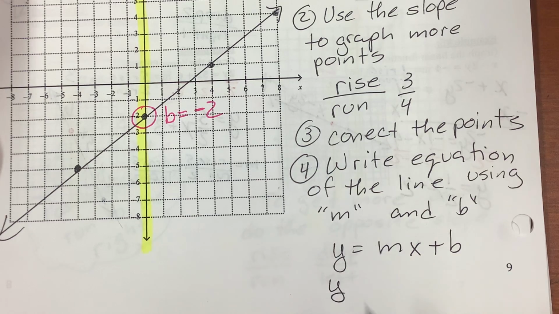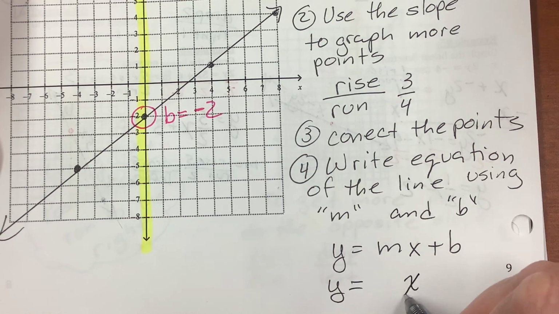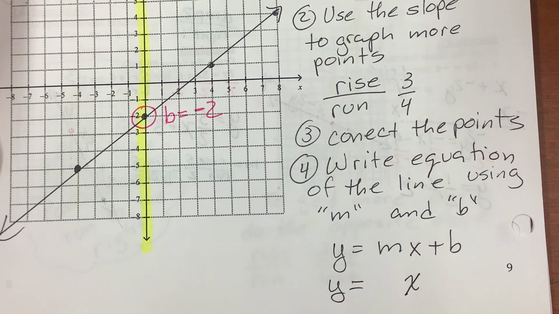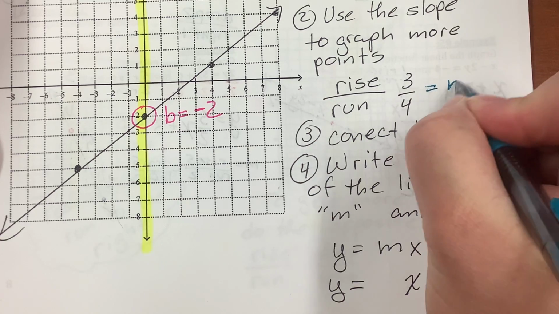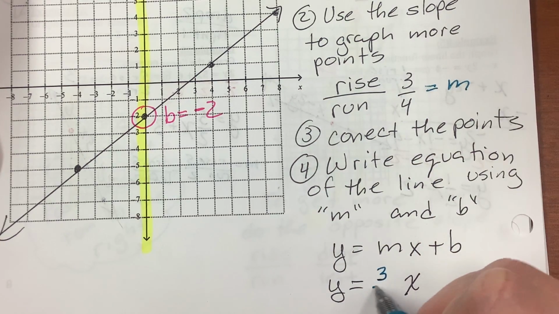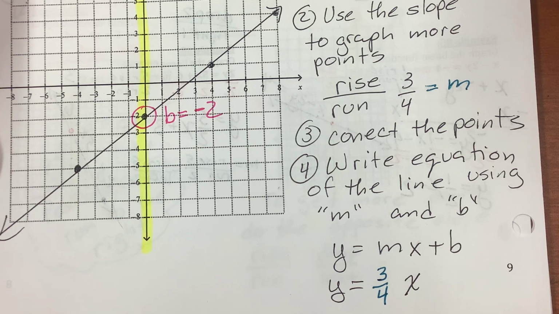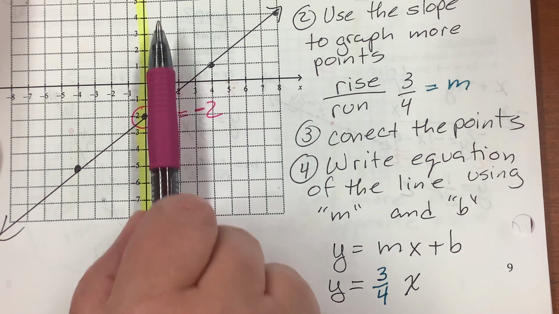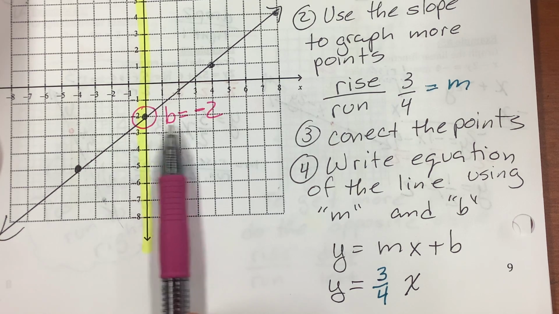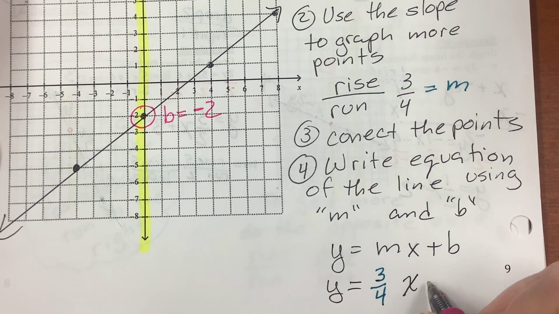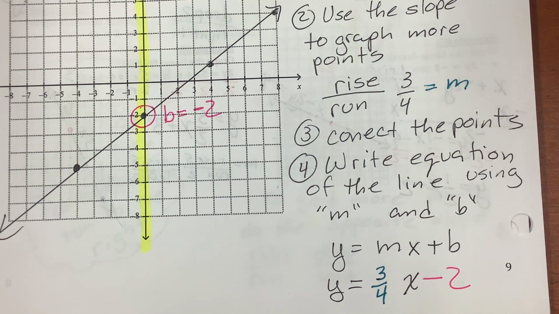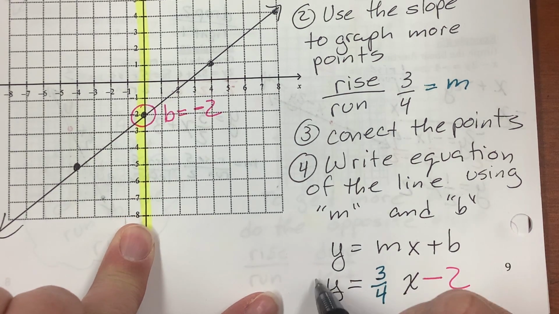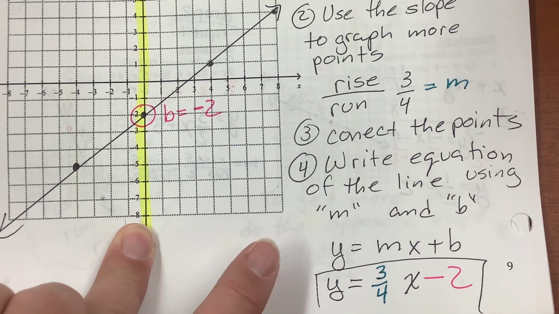The y never changes. The equal doesn't change. The x doesn't change. The m is the original slope, 3/4. And b is where the line intersects the y-axis. b equals -2. So instead of plus -2, I'm just going to write -2. And there it is. y equals 3/4 x minus 2. I'm even going to put a box around that.